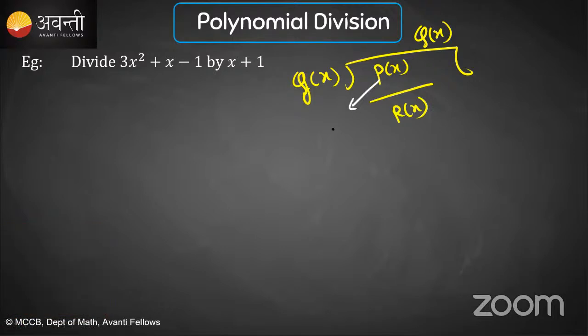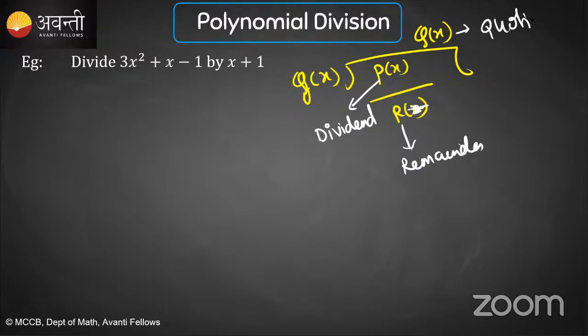So what is p of x known as? p of x is known as the dividend. What is the remainder r of x known as? This is the remainder. What is q of x? Quotient. And what is g of x? Divisor.